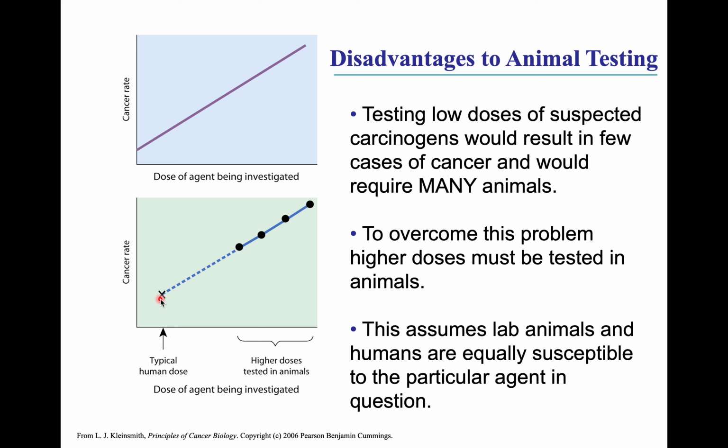In some cases, that may work out just fine. But as we'll talk about, there may be instances where it's not really a straight line between the low human dose and these higher animal doses, and so that estimation may be inaccurate.